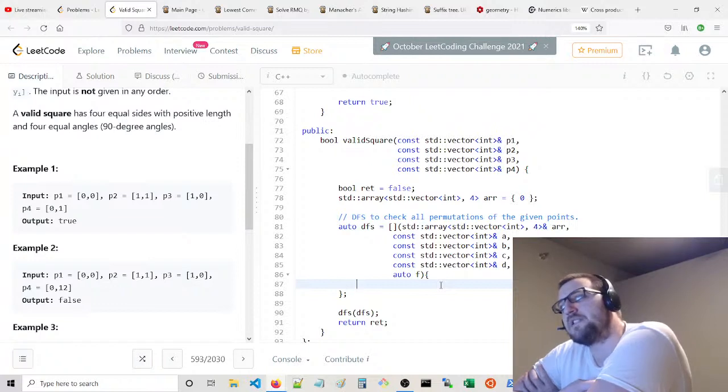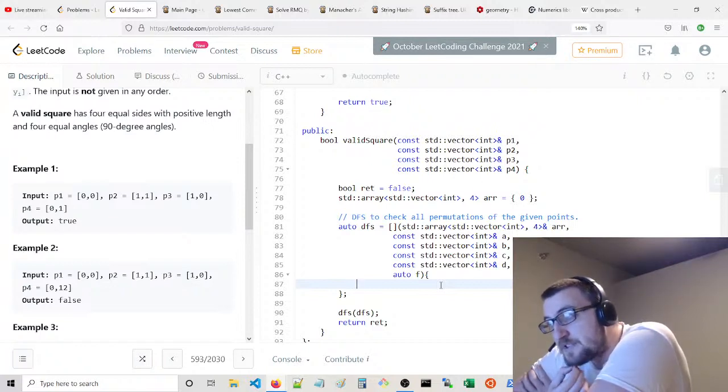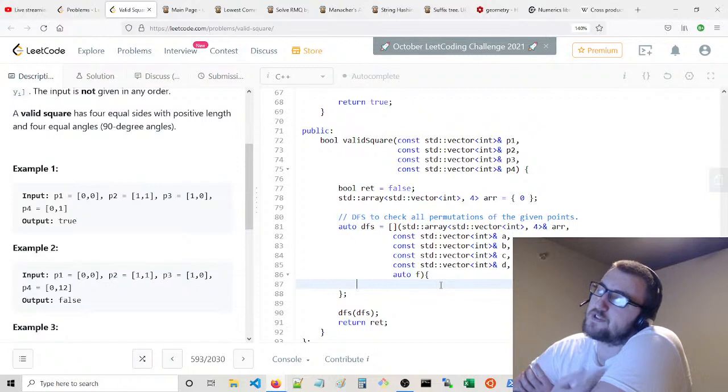So we would select A and put A in the first position. And we loop through, we put B, we put C, we put D in the first position. It's confusing.